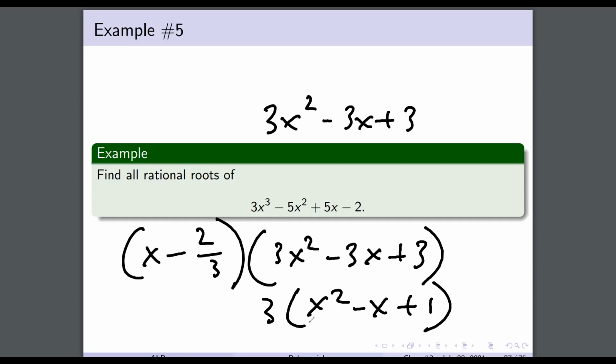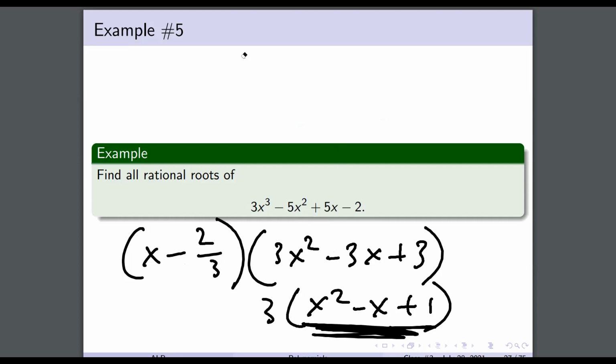Now we can use the quadratic formula to find the roots of this. Thus, our root is 2 over 3.